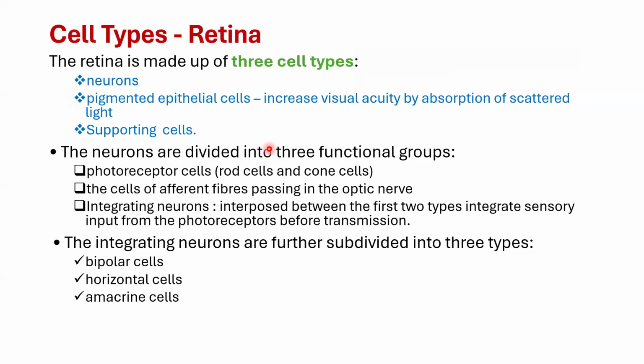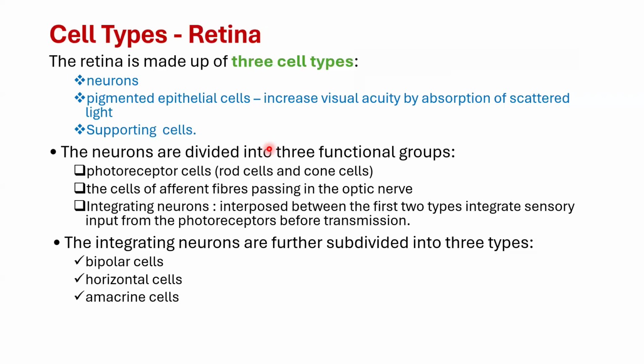Under integrating neurons, you further subdivide into bipolar cells, horizontal cells, and amacrine cells. For the supporting cells, we'll have Muller cells and other cells that you'll see in a few minutes.